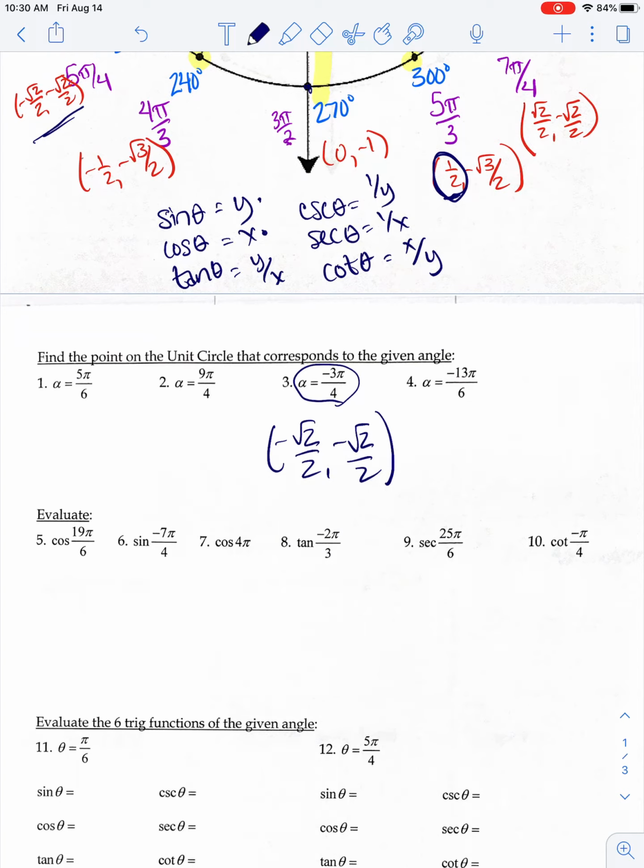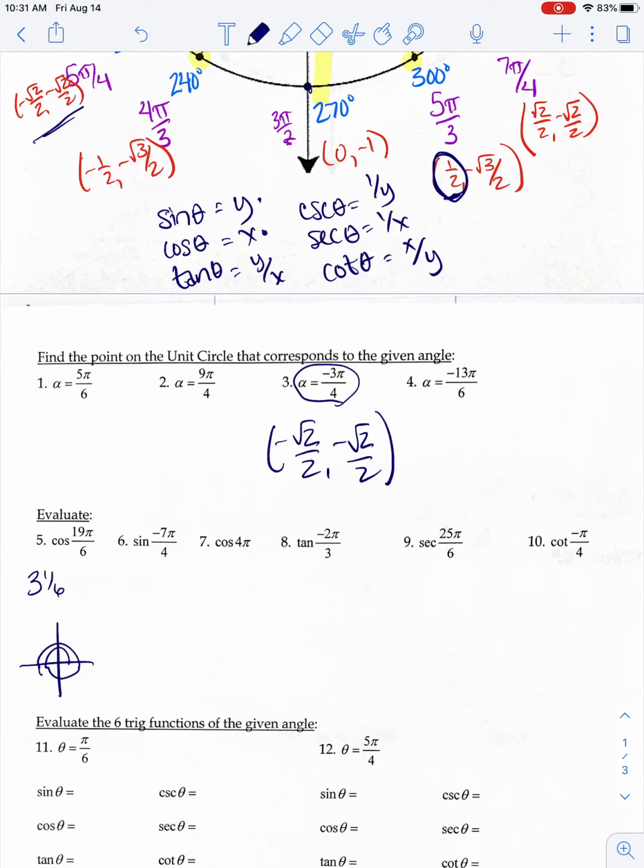When you get into like 5 through 10, and again, these are old pre-cal notes that you have in your notebook, which I hope you saved. Cosine of 19 pi over 6. Well, 19 pi over 6 is not on your unit circle, so you need to figure out kind of where that is. So we're going to divide up. So 6 goes into 19 3 times, so that's 3 and a 6.